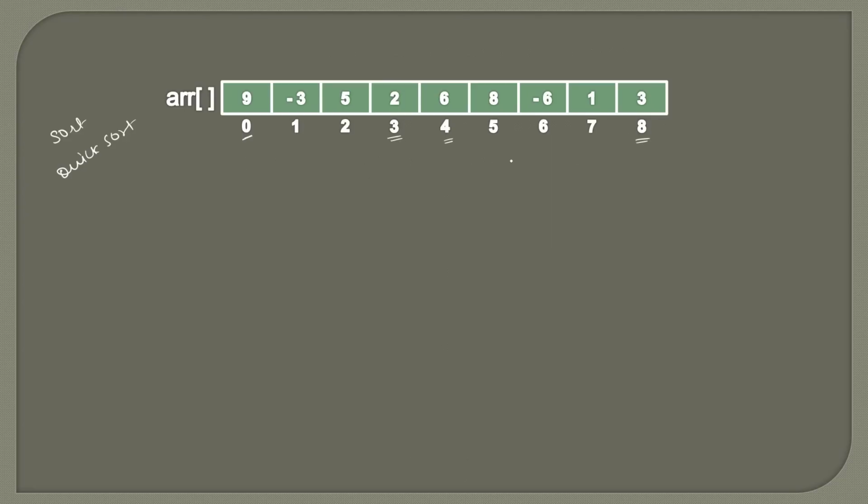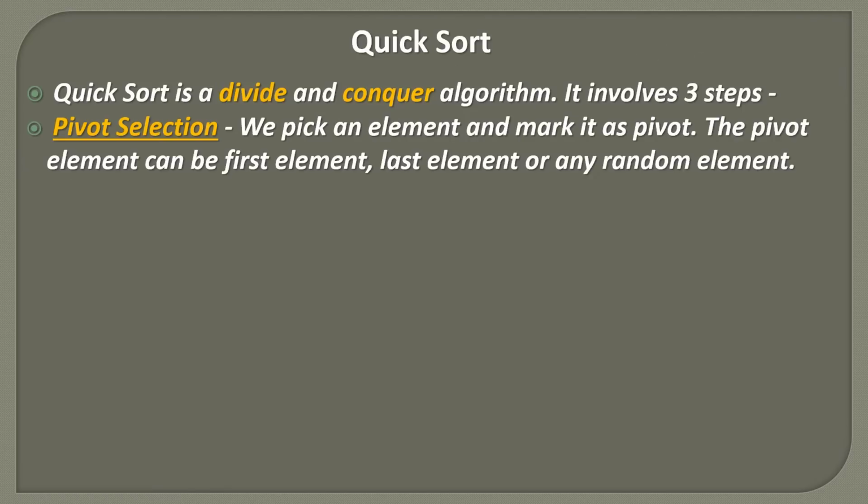In this tutorial we will take the last element as our pivot. The last element, at index 8, has the value 3. So this is our pivot. This is the first step: we take a pivot, and we can take any element as our pivot.